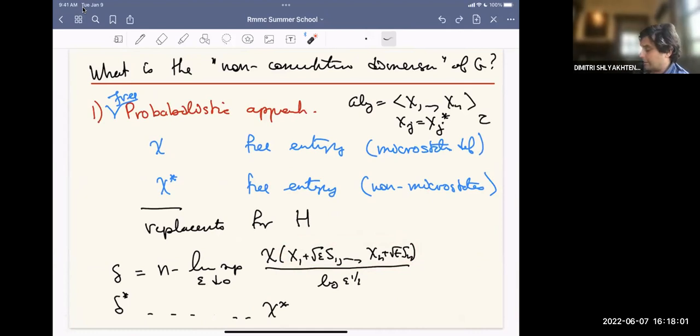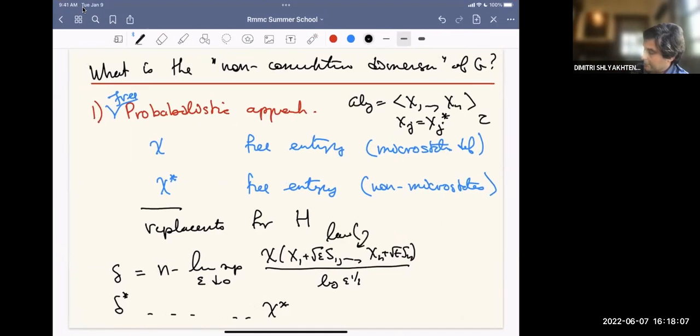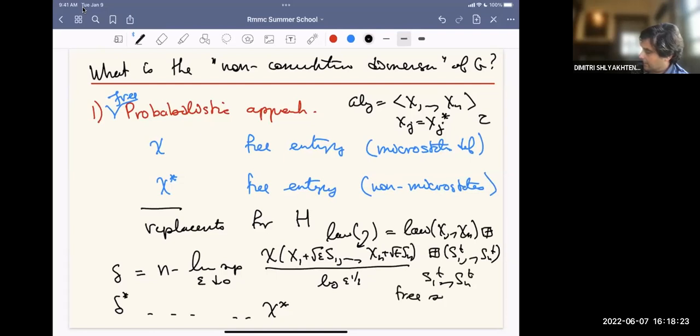And you could say that the law of this is the free convolution of the law of x1 through xn with some s1 t through sn t, where s1 through sn are free semicircular of total variance t_i, epsilon.